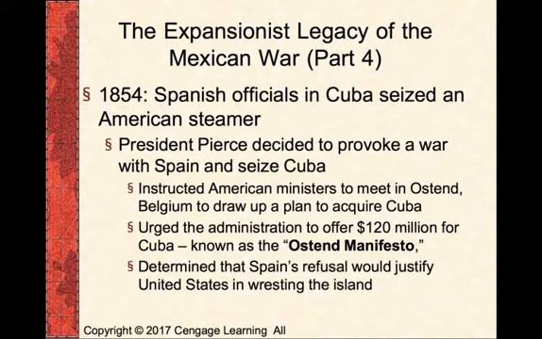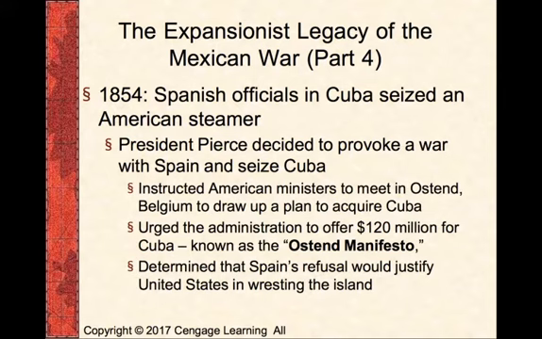This was the book called some cloak and dagger episode stuff between Spain, Britain, and France and the American ambassador. Their top secret dispatch, known as the Ostend Manifesto, urged the administration to offer $120 million for Cuba.